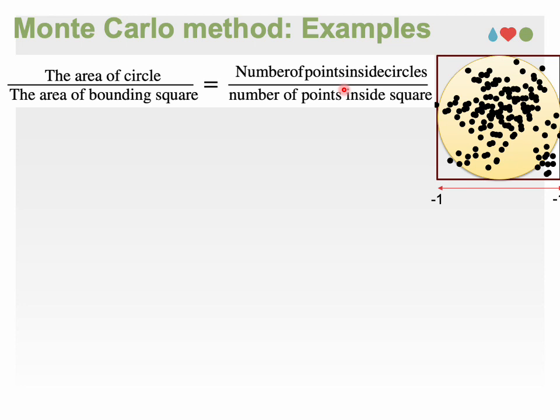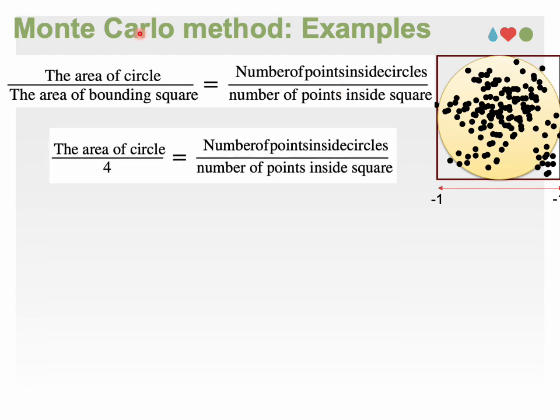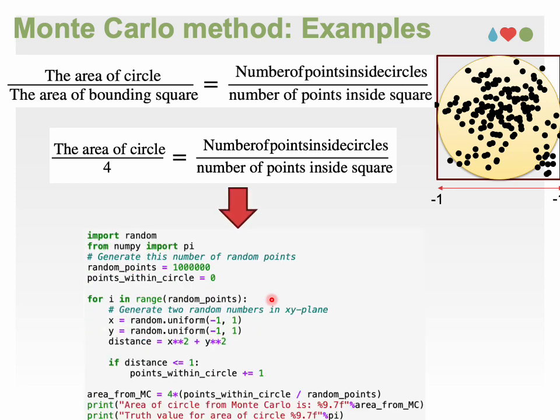In this relation, the area of the bounding square with length of 2 for each axis is 4, and therefore we can easily estimate the area of the circle using this relation. Here I further present the Monte Carlo method to estimate the area of our circle using the following Python code.